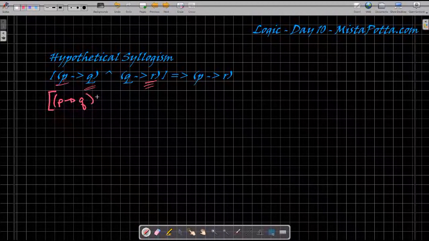So I've got P conditional Q, Q conditional R, and I want to change this to a conditional of the argument P conditional R, and I want to add those words is a tautology.